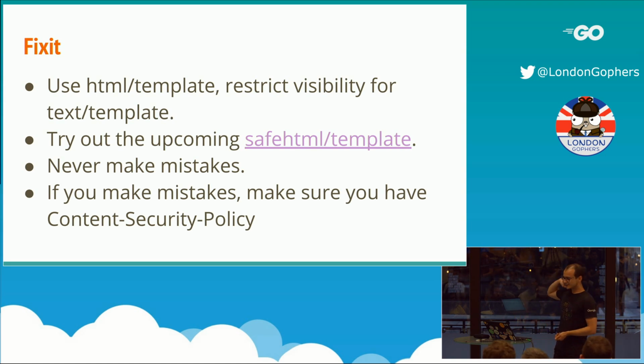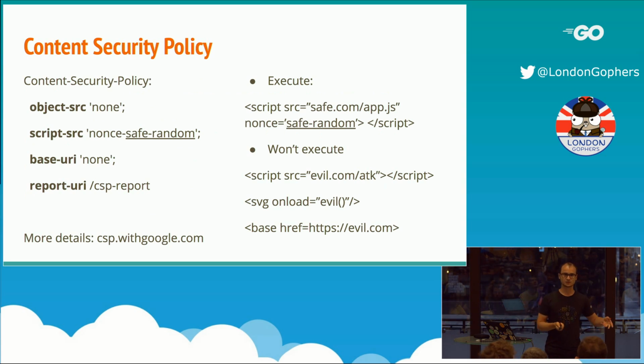So if you make mistakes, you should probably have a content security policy set up on your server. Content security policy is a header. It's the thing on the left. That header says a lot of things, but the most important one is script-src nonce, and then a safe random value that you generate every time you render a page together with a template.